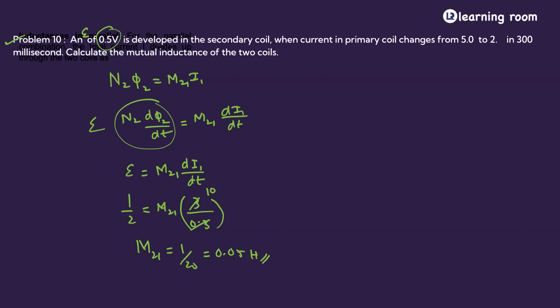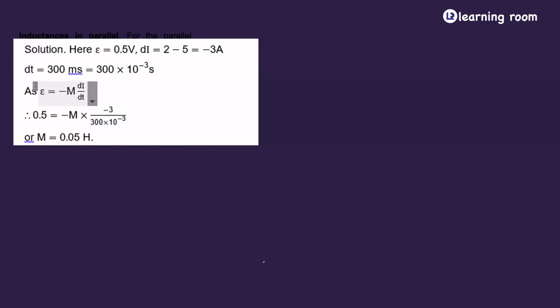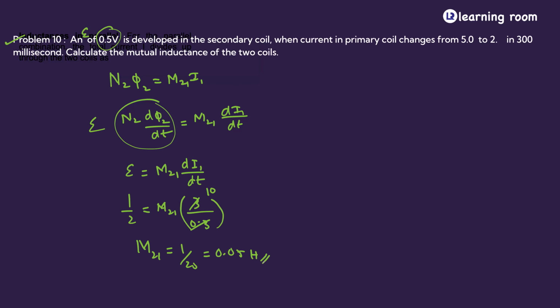Am I right? So 1 by 2 is 0.5. 1 by 20 is 0.05. So 0.05 Henry. I hope you're clear with the logic. Or you can write it as 50 millihenry.